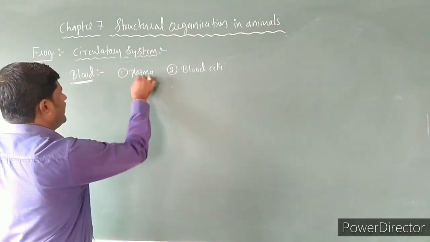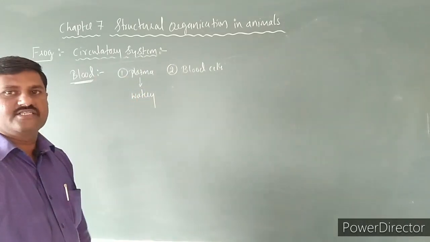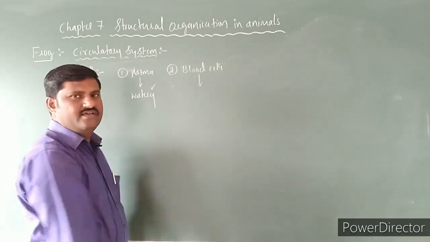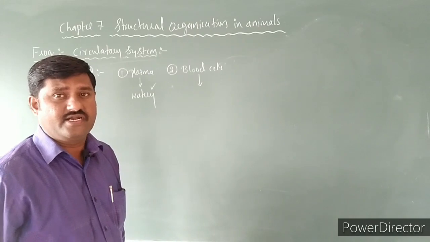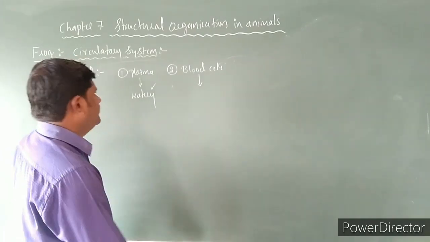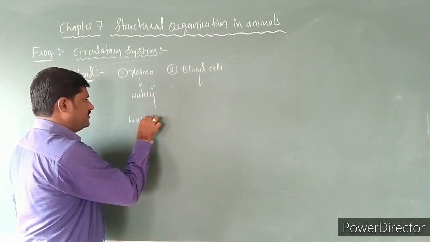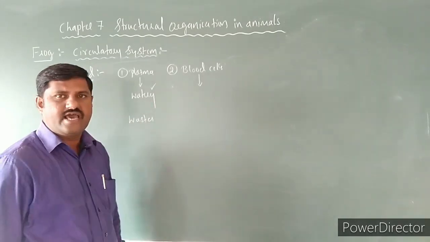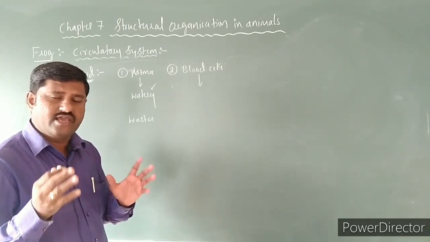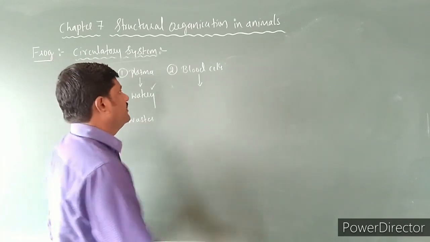So this plasma is watery in nature and contains many components that you know well. Proteins are there, hormones are there, everything that circulates. It even carries waste products, nitrogenous waste also. It carries different kinds of hormones. It carries water, 90% water, etc. About the plasma you know it better, right?